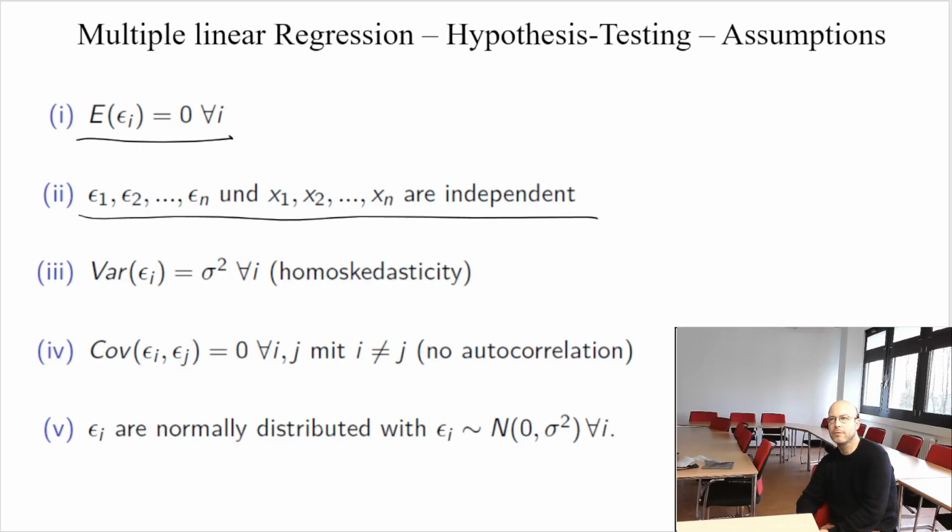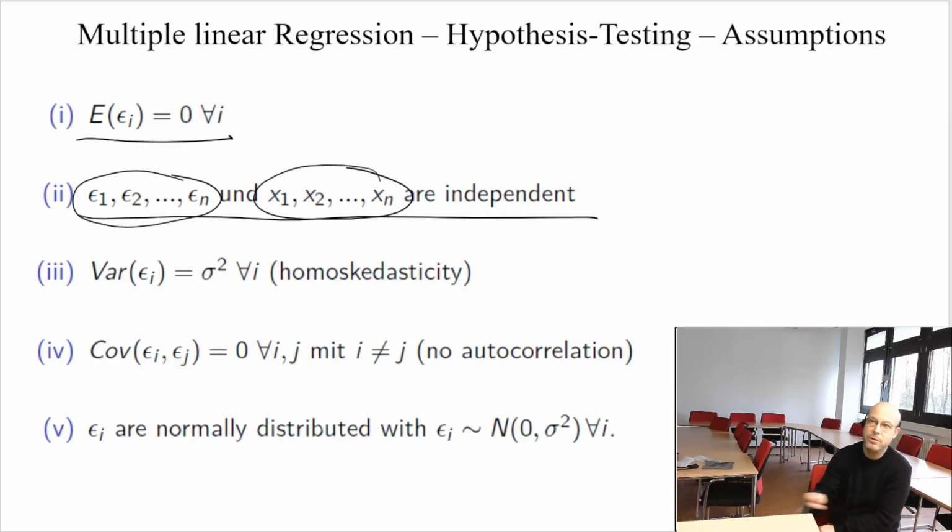There can, in practice, be a dependence between these two variables, visits and marketing budgets. But in our model, we assume that all these variables are independent and also that the error terms are independent.